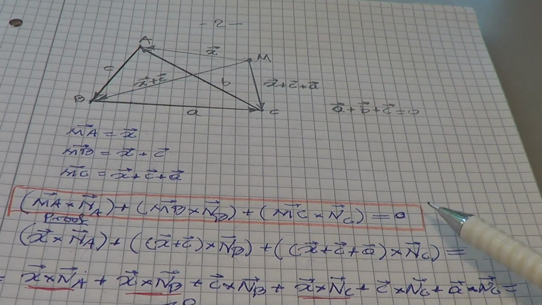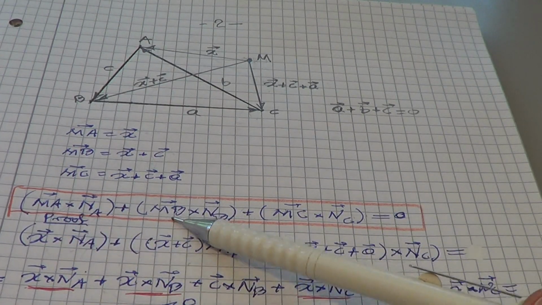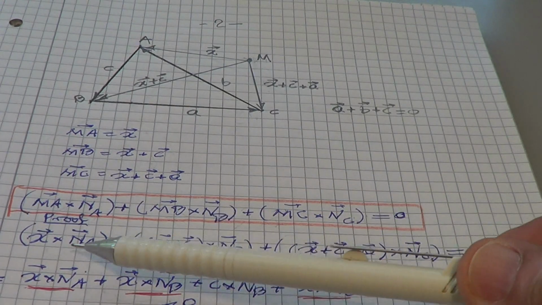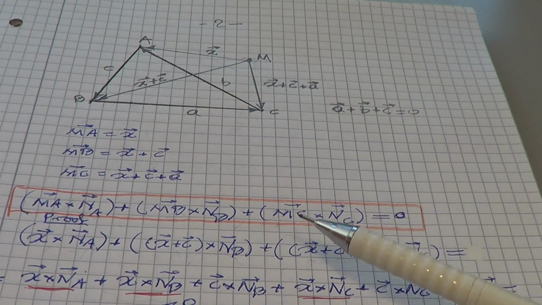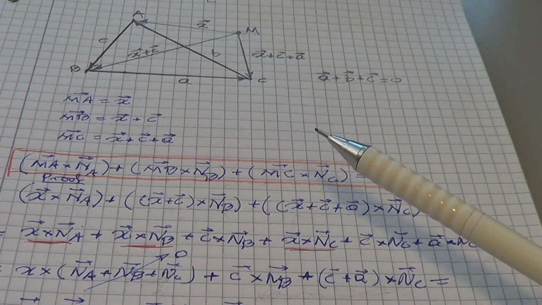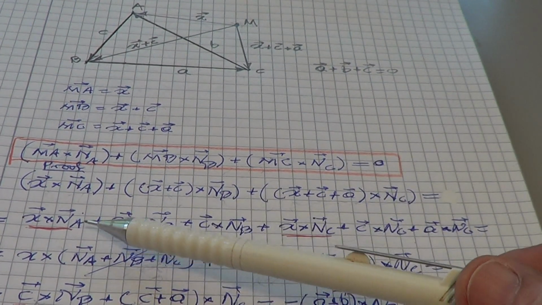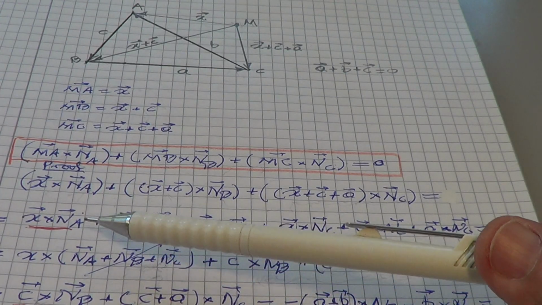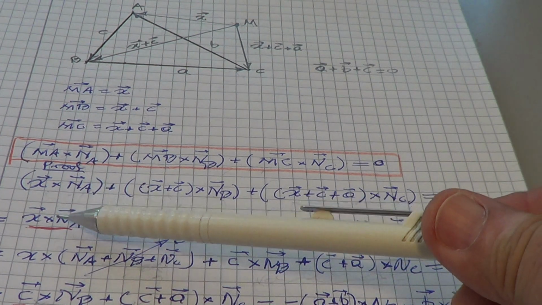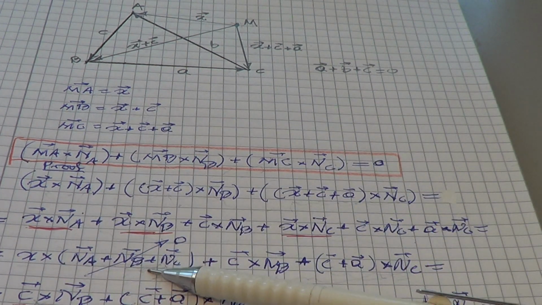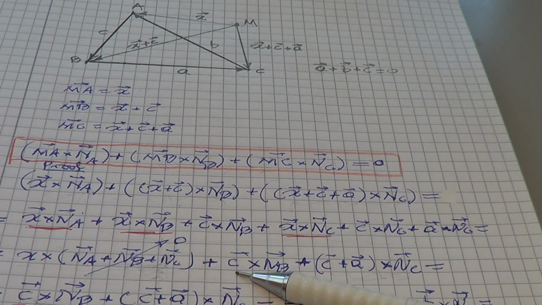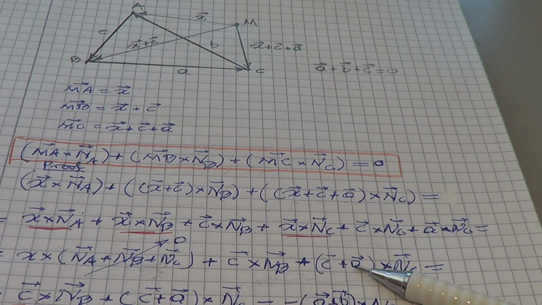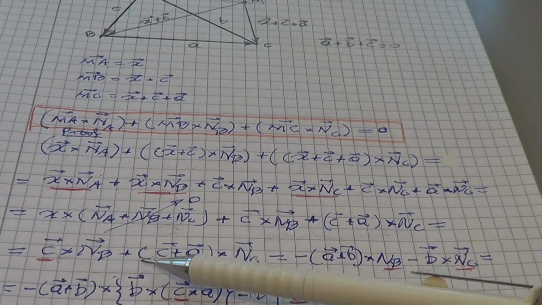For this purpose, we replace MA, MB, and MC with the corresponding expressions X, X plus C, and X plus C plus A. If we make the calculations, we can gather the cross product of N_A plus N_B plus N_C with X. We have finally this expression here, which is equal to 0 because this N_A plus N_B plus N_C is the Jacobi identity. We have only these two items.